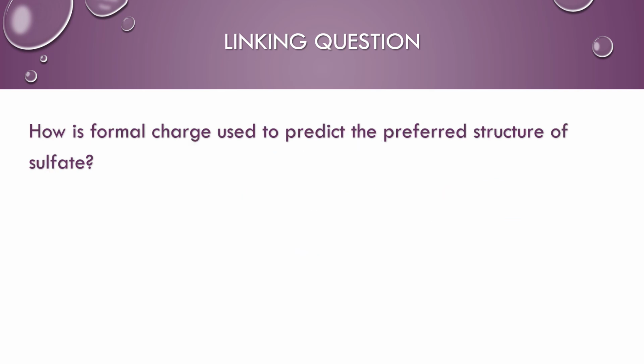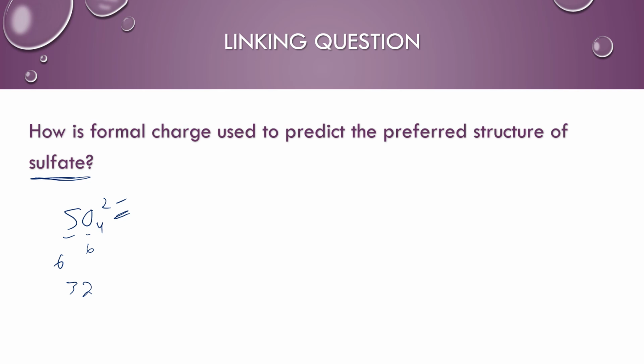Okay, so how is formal charge used to predict the preferred structure of sulfate? We talked about polyatomic ions. So let's link it to formal charge. When you have something like SO4 with a 2- charge, the sulfur has 6 valence electrons, and so do the oxygens. So that would be 30 valence electrons plus 2 extra for the -2 charge.